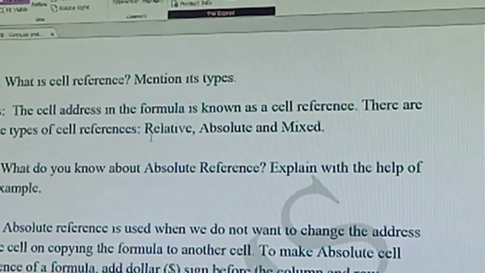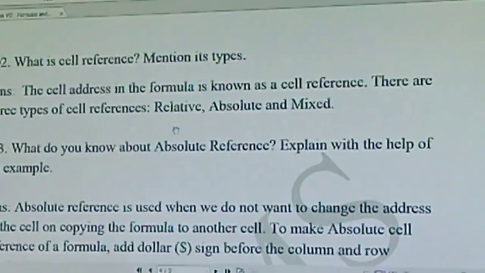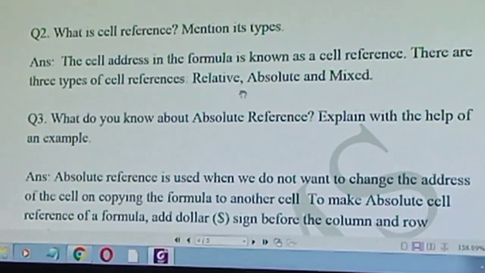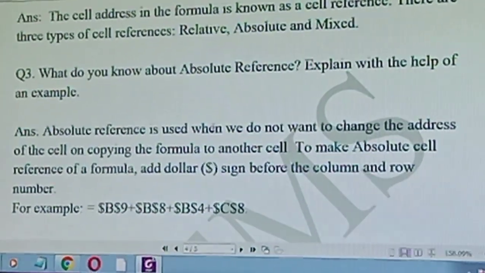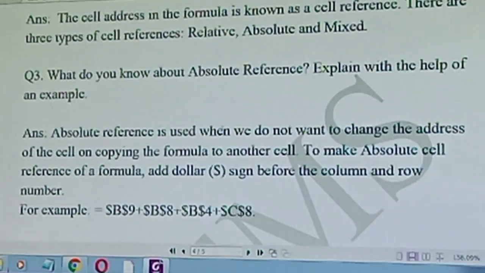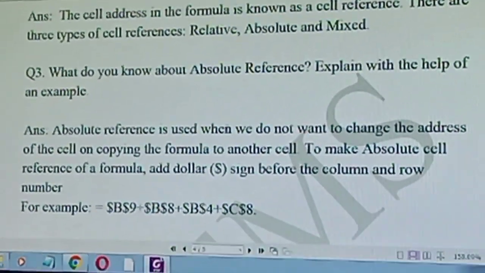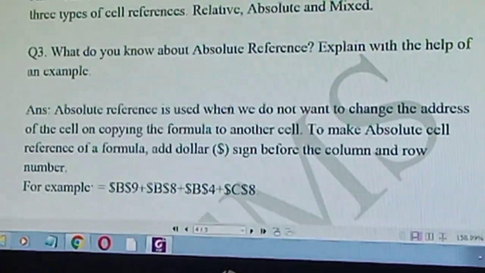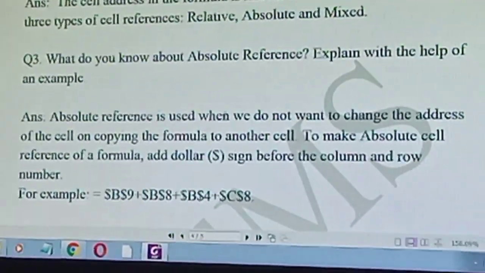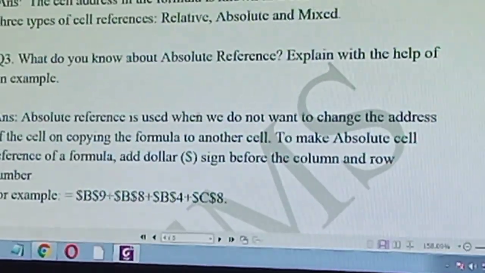In relative referencing, the column address and the row will not contain a dollar sign. For example, A3 is a relative reference. $A$3 is considered to be an absolute reference. And $A3 is considered to be a mixed reference, or else you can say A$3 as a mixed reference. These are just examples.